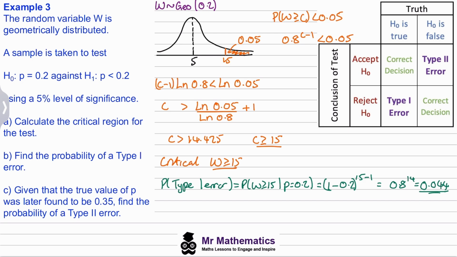And then for part C, given that the true value of p was later found to be 0.35, find the probability of a type 2 error. So for a probability of a type 2 error, we must accept H0, given that H0 is false. So we'll be on this side of the critical region. So we want the probability of W being less than or equal to 14, given that p is actually 0.35.